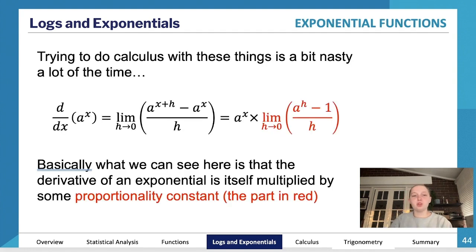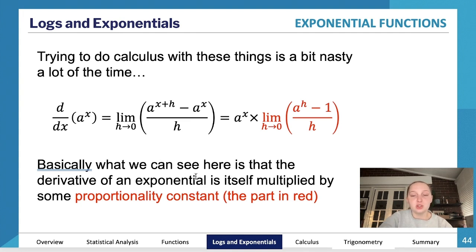Okay, so when we're looking at exponential functions, it gets really tricky and a little bit nasty to do your calculus with lots of your exponentials, just because there's a lot going on. So basically what you can see happening is that we're looking at the derivative of an exponential multiplied by itself.